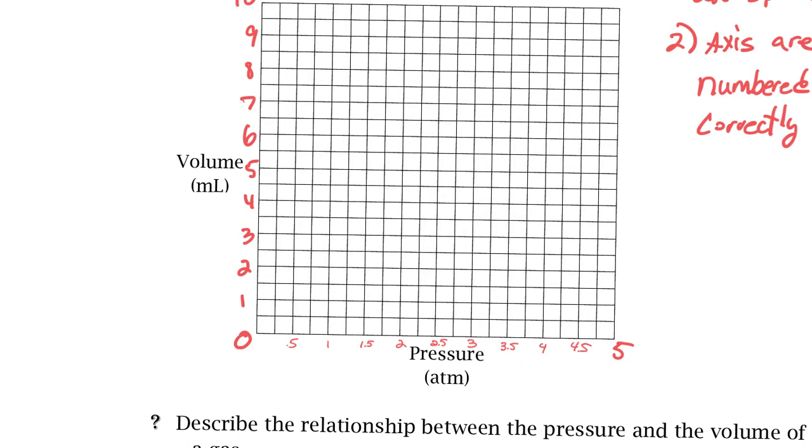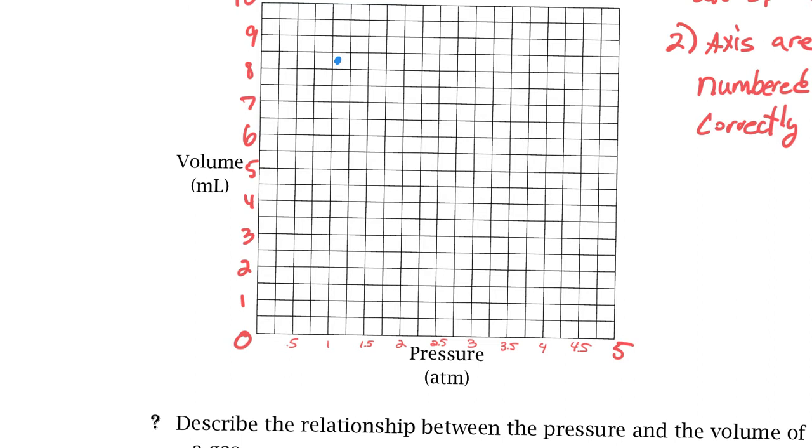There we go. Now I'm just going to plot my data, and I'm going to grab a different color here. My first one, my pressure was 1.09, and my volume was 8.4. So there's my first dot. And I need to move that over. About there. My second one, my volume was 5, and my pressure was about 7.7, right around in there.